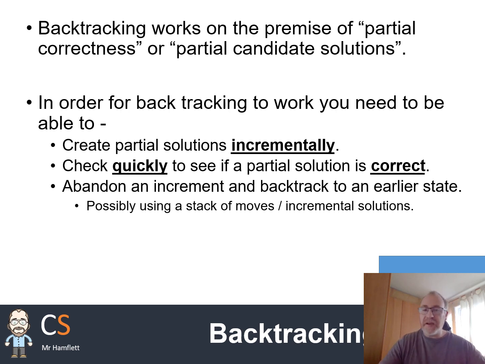So in order for backtracking to work, you need to be able to very quickly create partial candidate solutions, and do it incrementally. So I can build on them. So I place 1 queen, then 2, then 3, then 4, and so forth. We can very, very quickly check to see whether it's correct. So in the 8 queens solution, which I'll go on to in a second, it's trivial to check to see if there's any queens going up, down, left, right in the position we just tried to put it in.